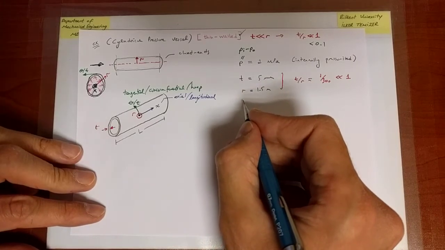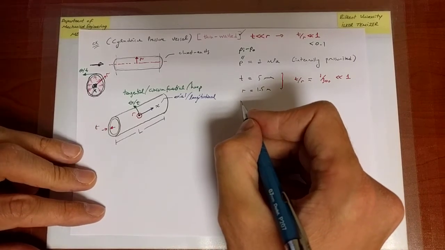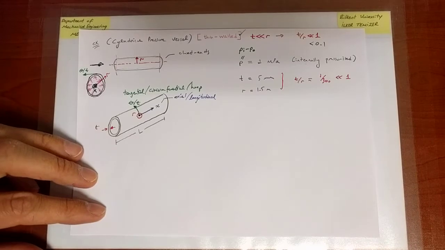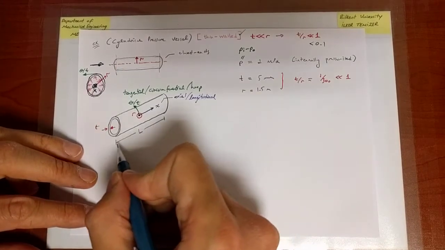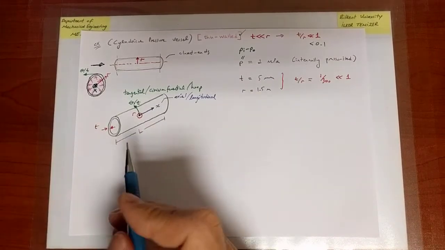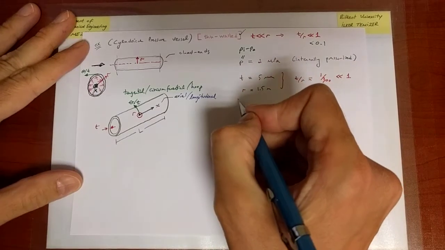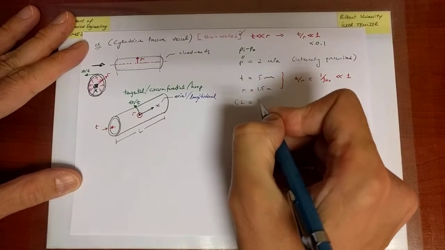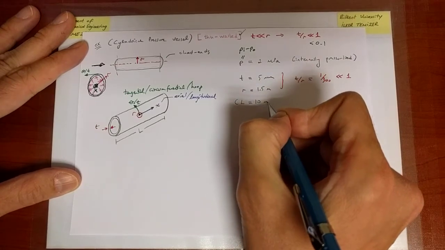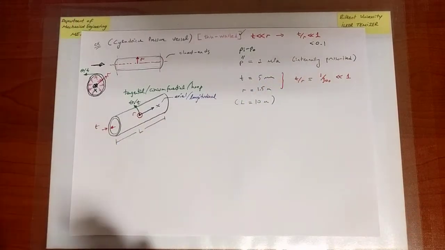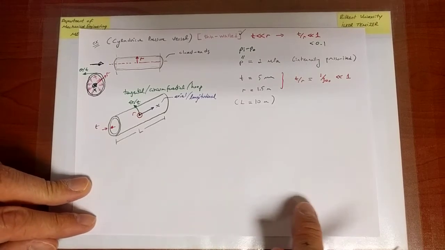So finally, I need the value of this length, if you like. We will not directly need it, but let's just write it if that is comforting for you. Turns out it's not going to appear in any of the results until I come to the very end.